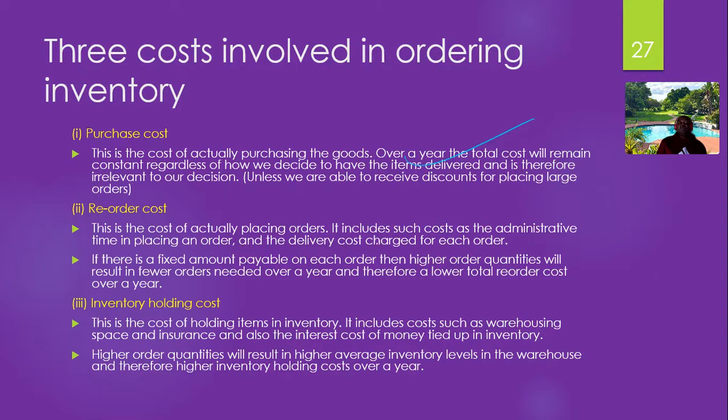This is the cost of actually placing orders, like for example, the administrative expenses which are considered whenever we make orders, like lawyers and so forth. Then inventory holding costs. This is the cost of holding items of inventory in our storages or warehouses, in our cold rooms, etc. Those are costs we have to contend with.